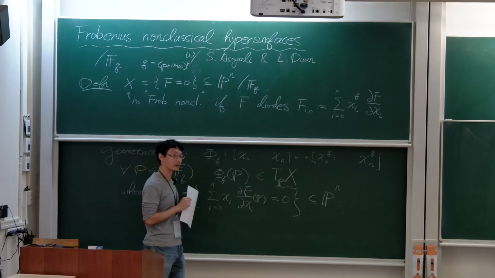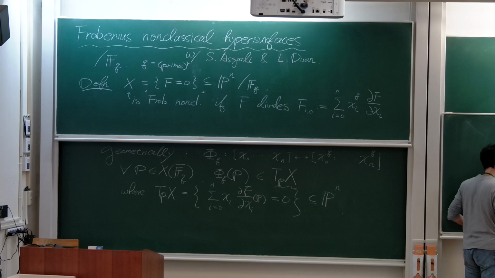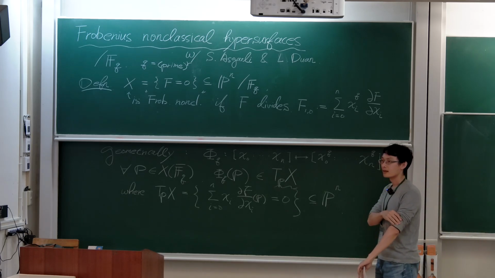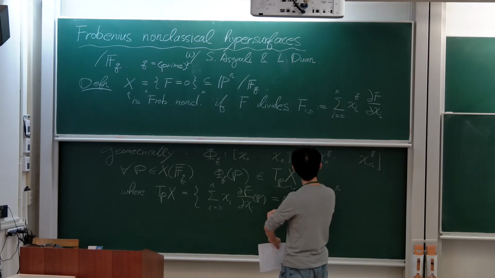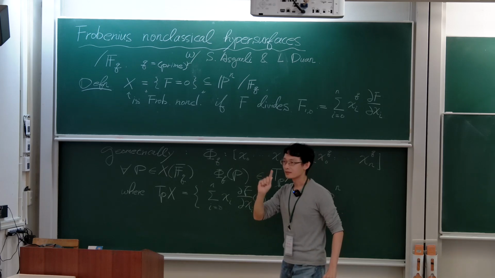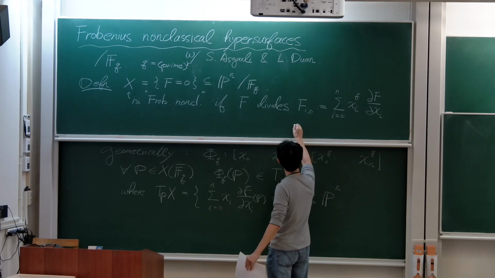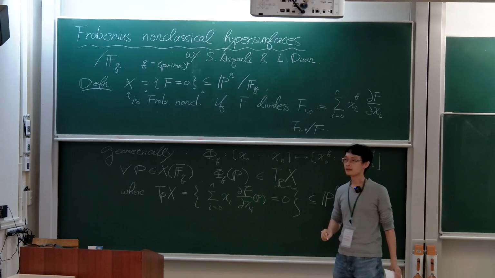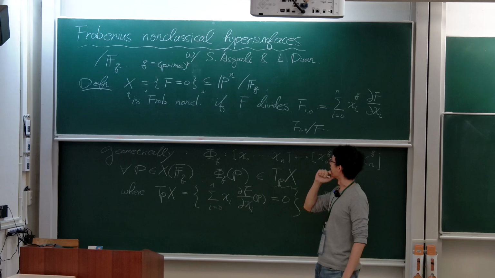Okay, so maybe let me give you some examples. Yes? If you divide one equation by the other, you get some polynomial of degree q minus 1, right? Does it have some geometric meaning? Assume that f divides F10, you get a polynomial of degree q minus 1.